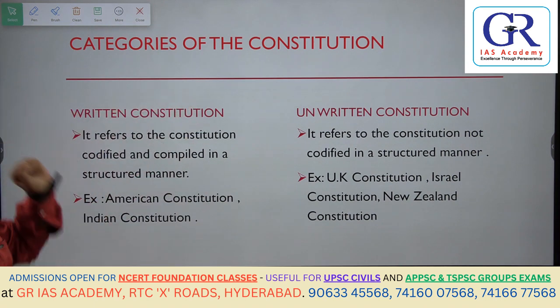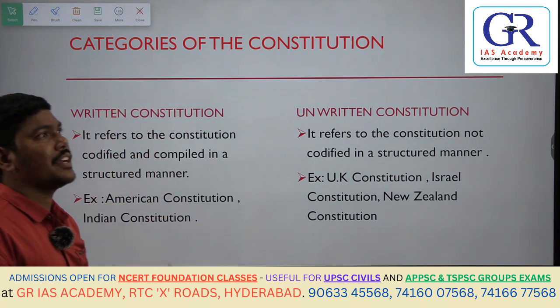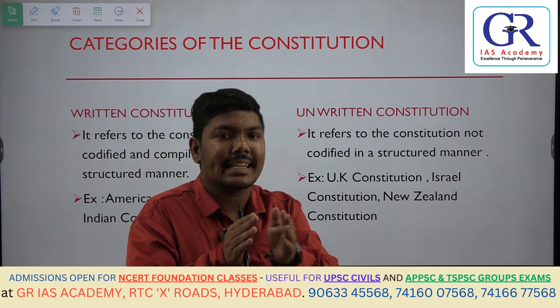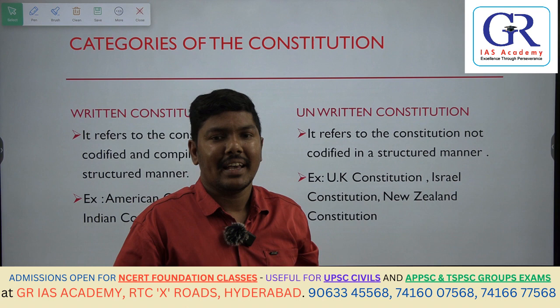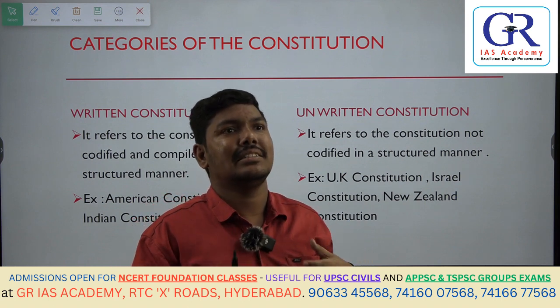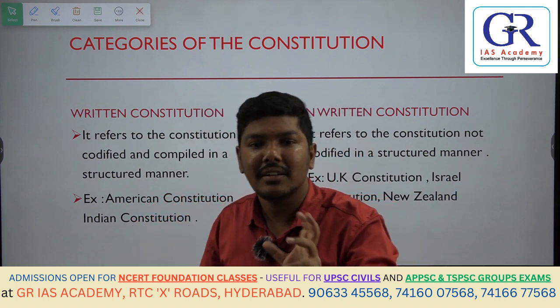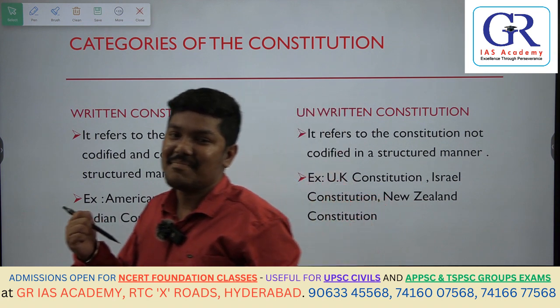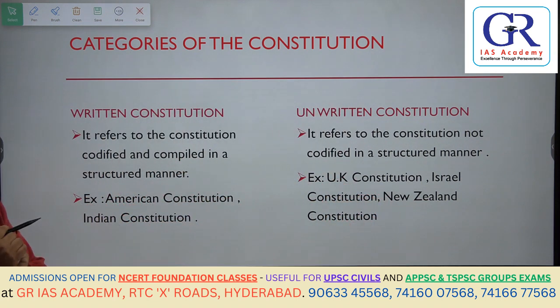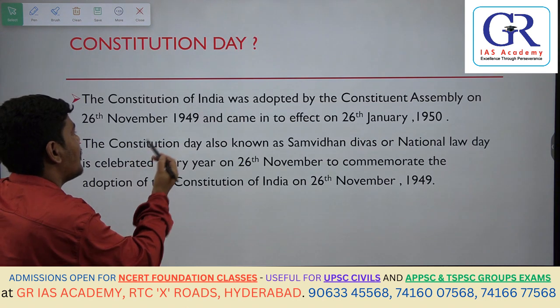Done. Now this was the basic classification of the Constitution, that it is categorized into written Constitution and unwritten Constitution. So now just tell me, is our country's Indian Constitution written or unwritten? Correct. It is a written Constitution.